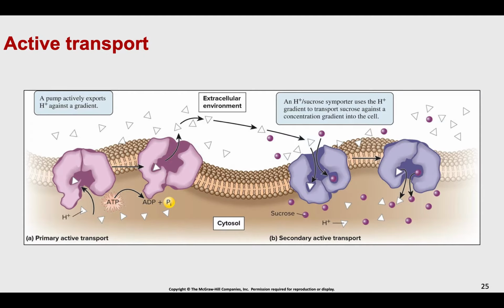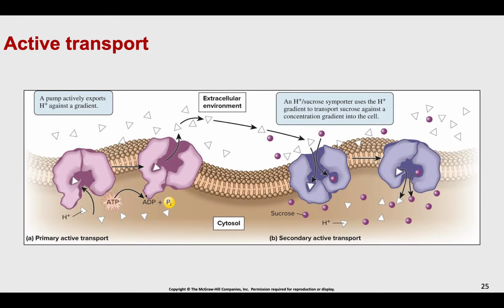So let's take a look at this. Let's first talk about primary active transport. We have our membrane protein here. We are transporting these hydrogen atoms. We're going against a gradient from low to high, so we need the input of energy, and energy comes in the form of ATP.